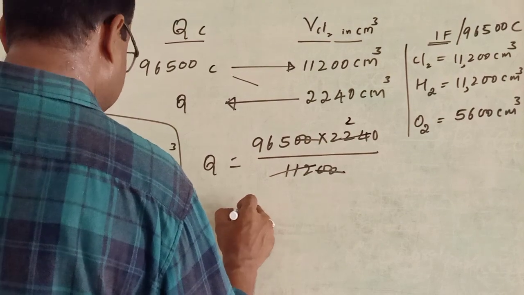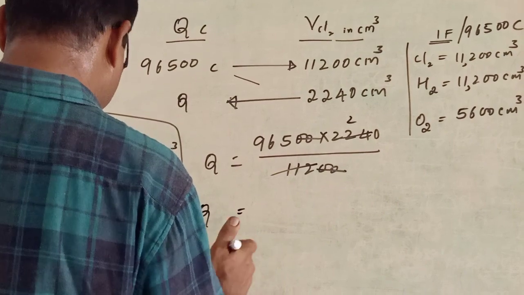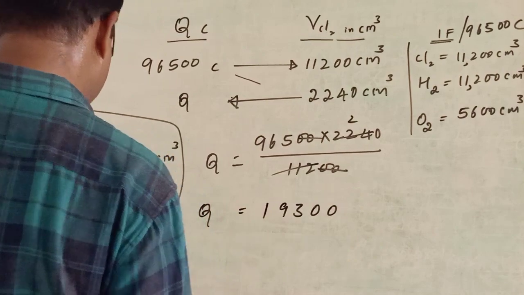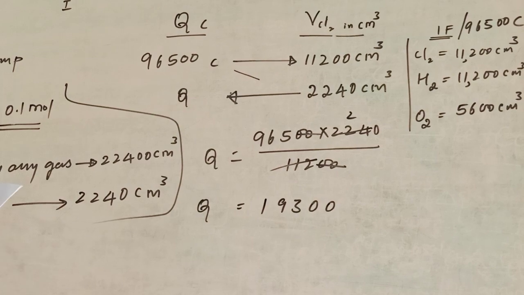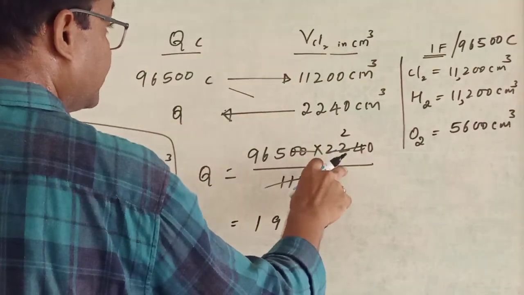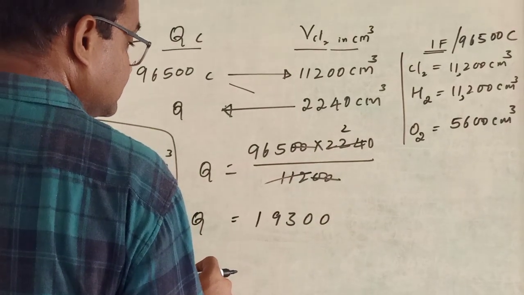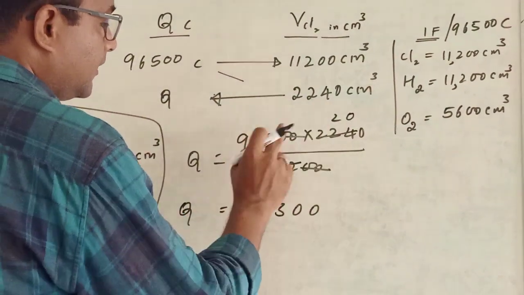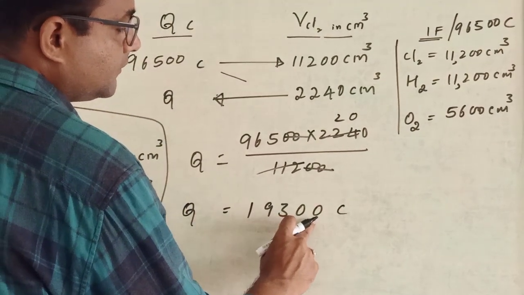We can get Q is equal to 19,300 coulombs.